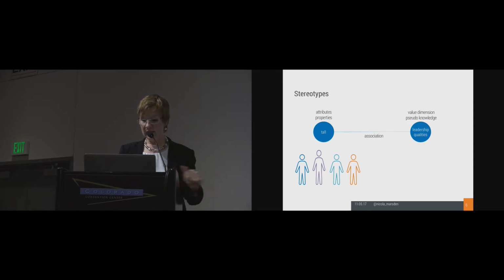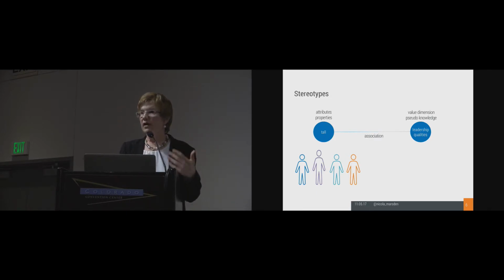So the stereotype, we have this implicit link between a real difference and pseudo-knowledge. And when we're looking at this, of course, the problem isn't the real differences that are there. The problem is this baggage of pseudo-knowledge that comes around with it and the value dimension that's connotated with that.